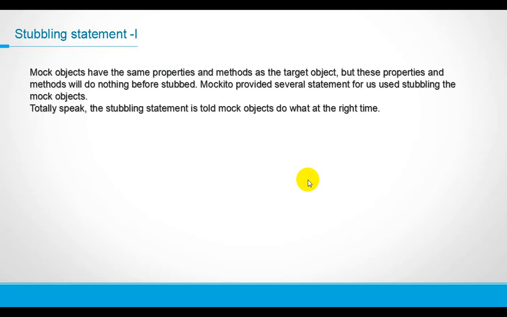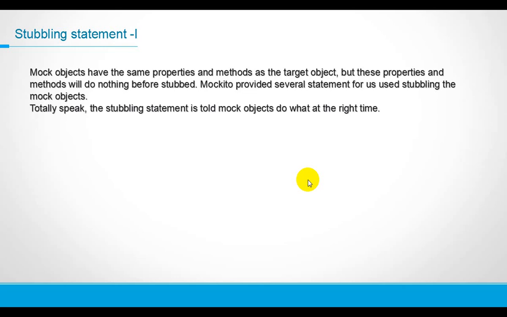But those properties and methods will do nothing before we stub them. Mockito provides several statements for us to use for stubbing mock objects. Generally speaking, the stubbing statement tells mock objects what to do at the right time.